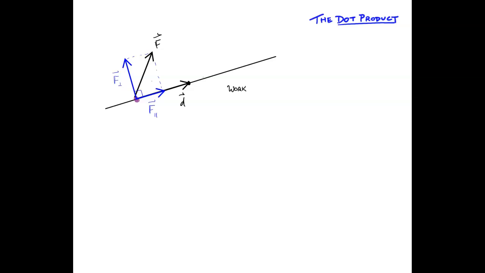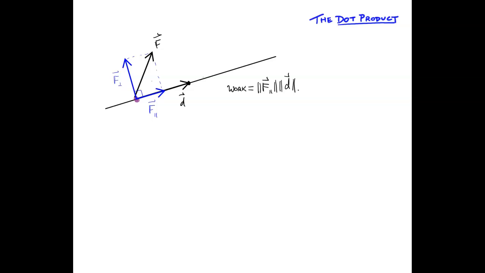So in this case, for example, the work done by force F on the object in moving it along vector d would be the product of these two things. Right? The length of that vector, that's the force that's actually doing work, and the length of that vector, the distance through which the object is traveling. So the work here would be the length of F parallel times the length of d, and that's how you would compute it in physics.